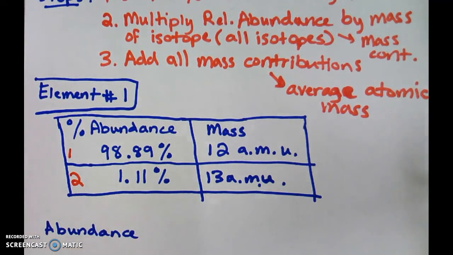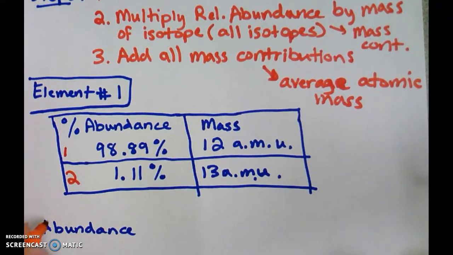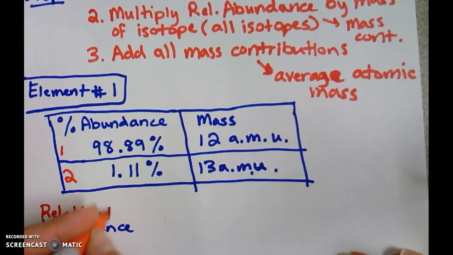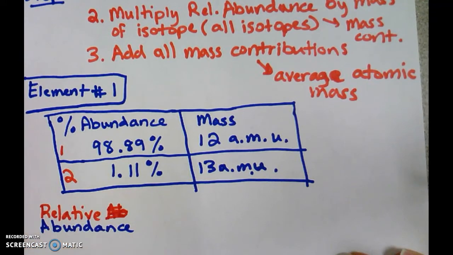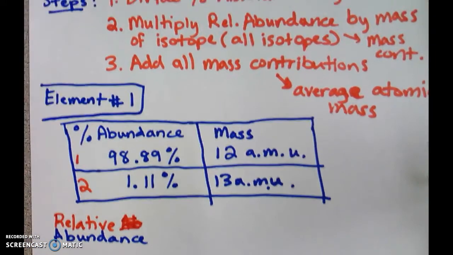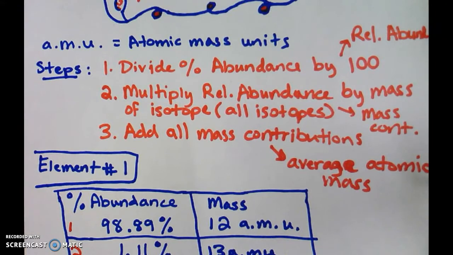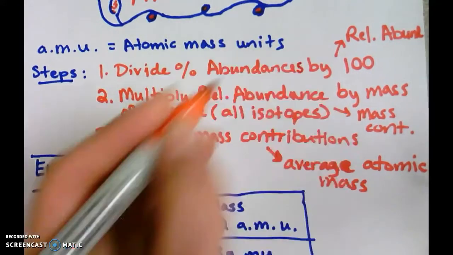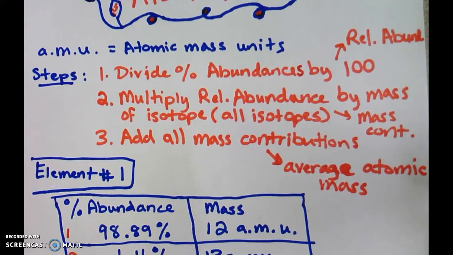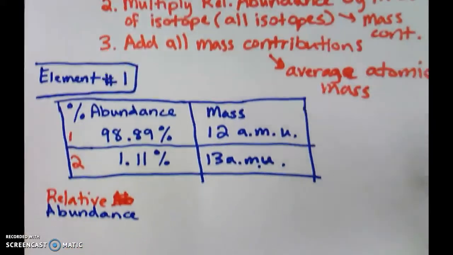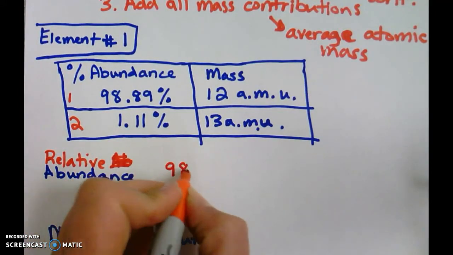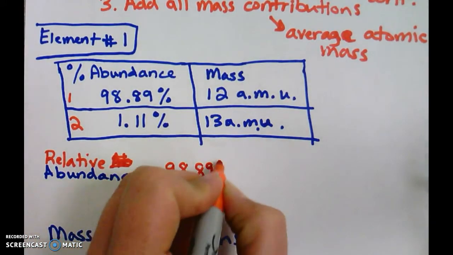So if we wanted to find the relative abundance, well, I already wrote abundance. Okay, relative abundance, we could use what I said in step 1. Divide the percent abundance by 100. And I'm going to change that to abundances because we have more than one isotope. So that means I'm going to take 98.89%.